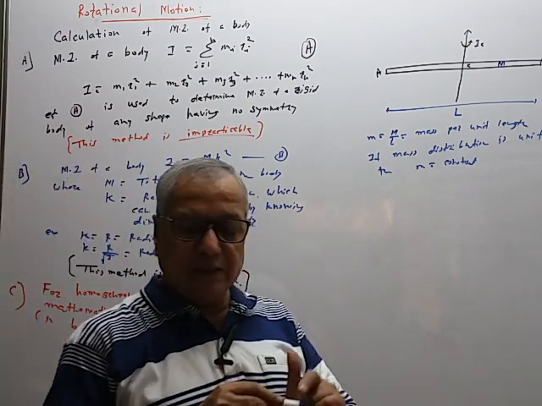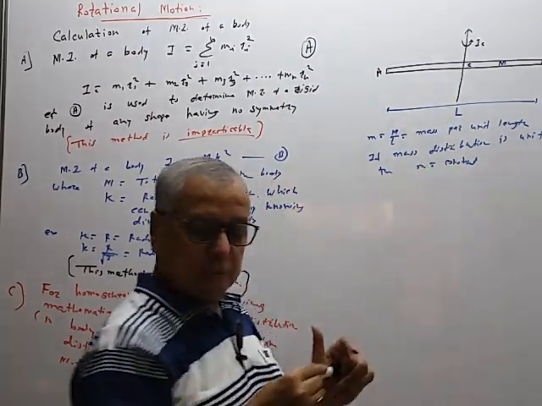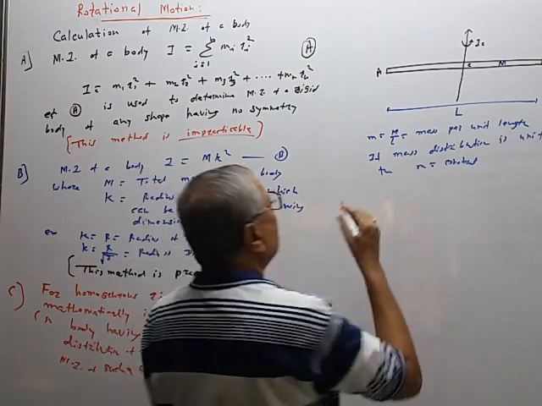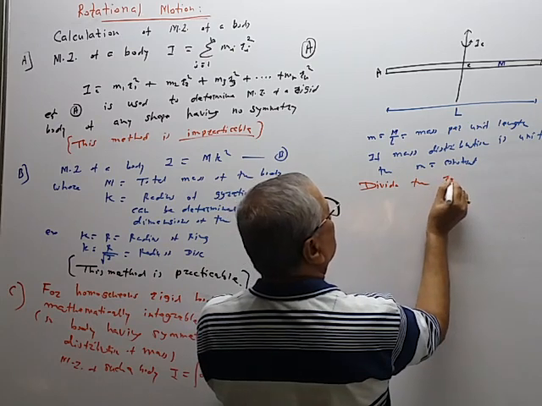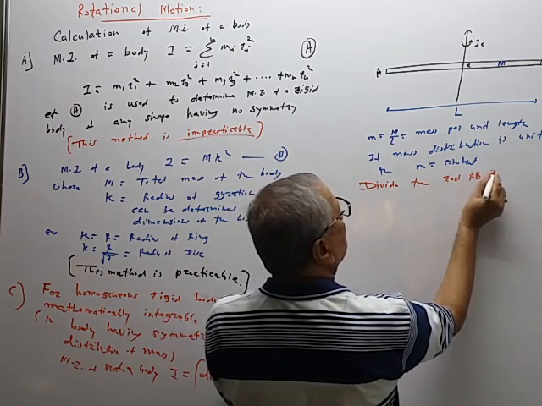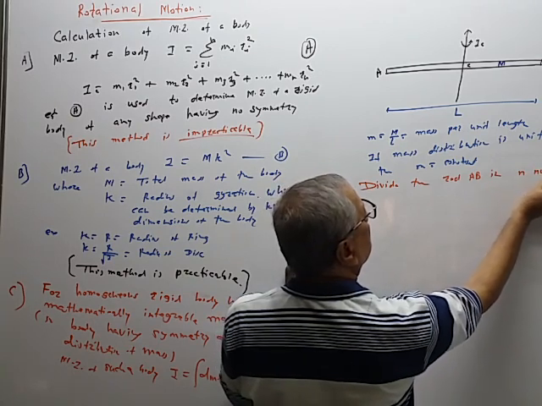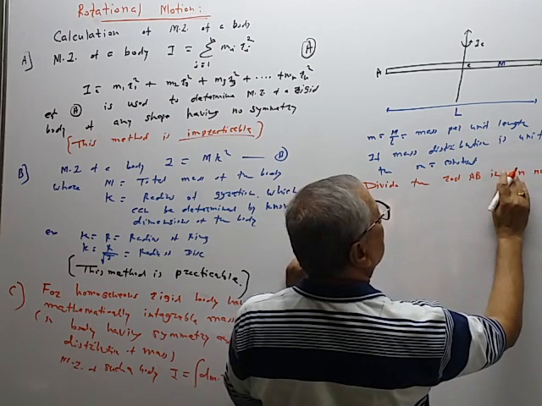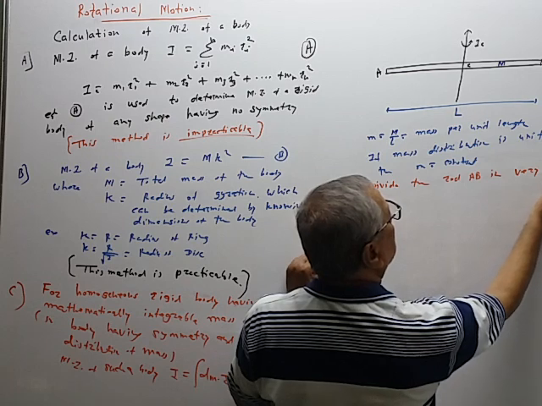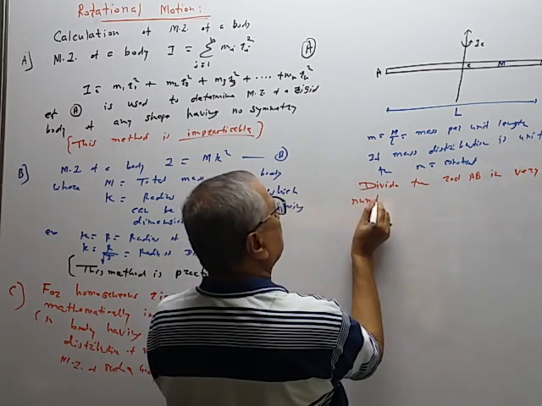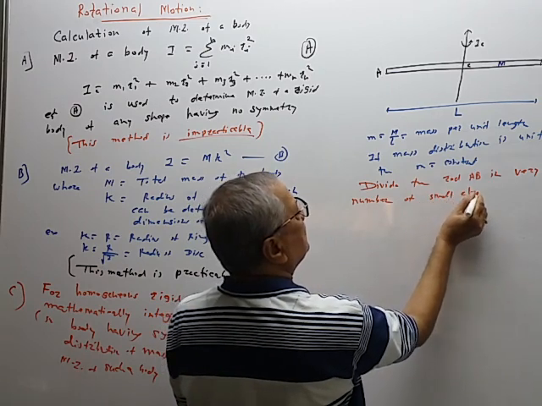Now we will consider a single element here. Divide the rod AB into n number of very large number of small element.